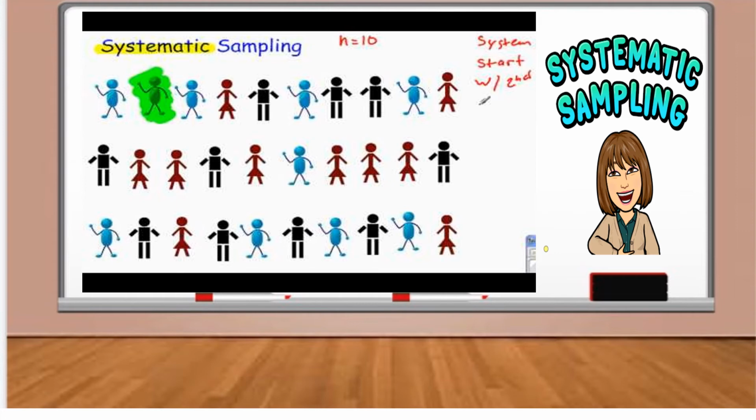Let's say 1, 2. Then number 2 is your first respondent. 3, 4. The number 4 is your second respondent. 5, 6. Then number 6 will be your third respondent, until you reach the target total number of your respondents, which is 10.